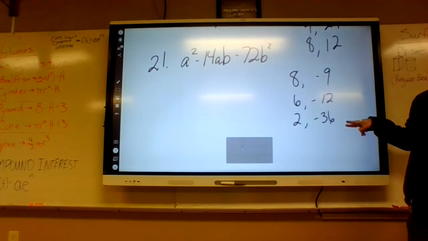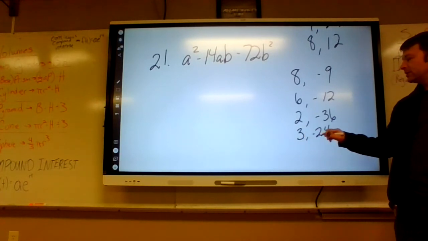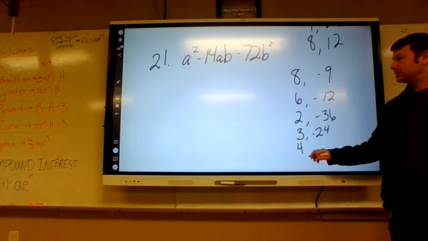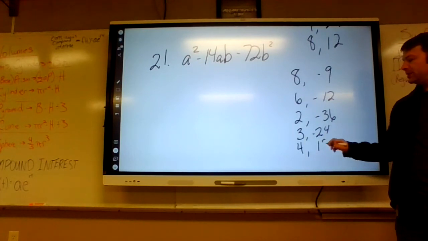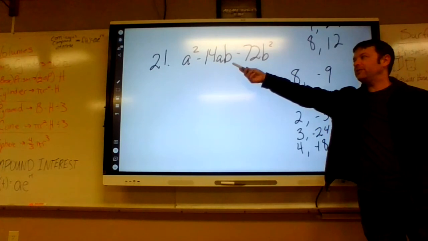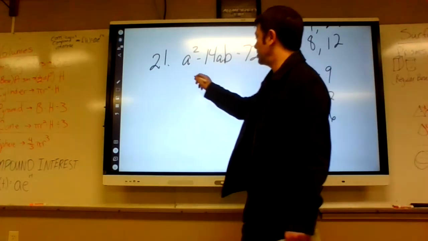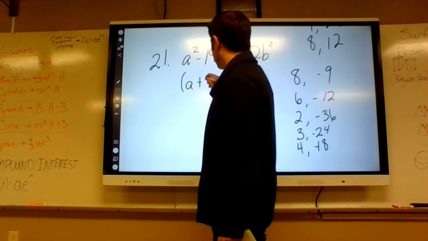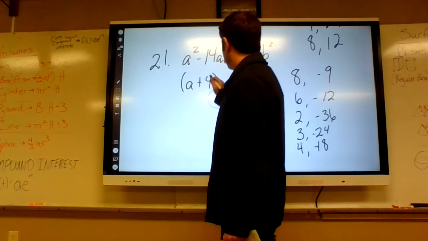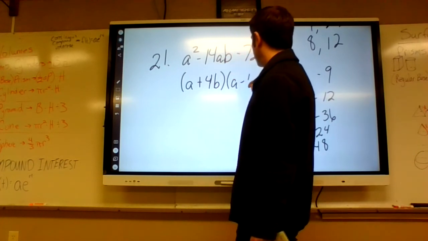So it'd be like 3 times 24. 4 and 18. That works and that gets 14. Which one do we need to be negative? 18, because it's a negative 14, so we need the bigger one to be negative. So it's a plus 4b, and a minus 18b.